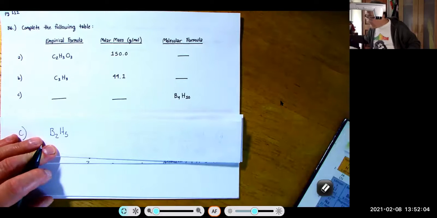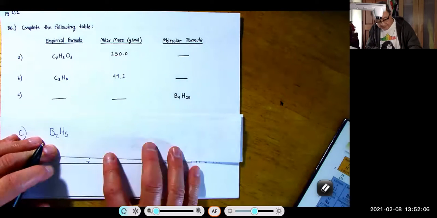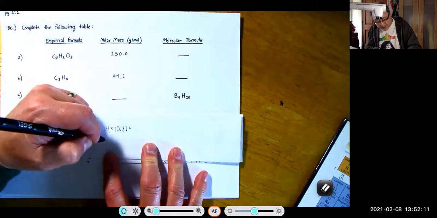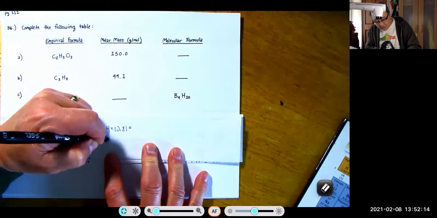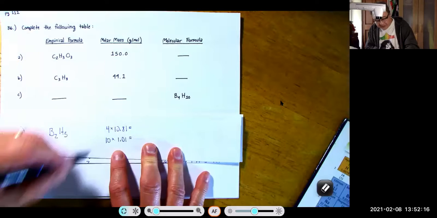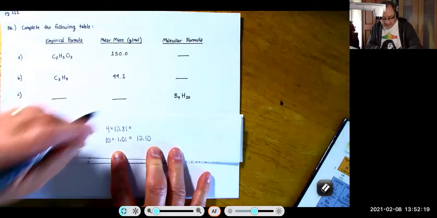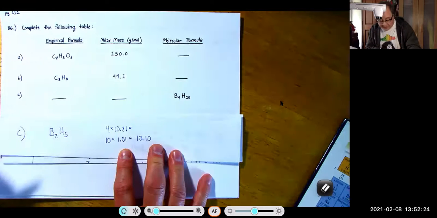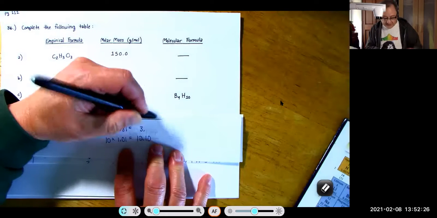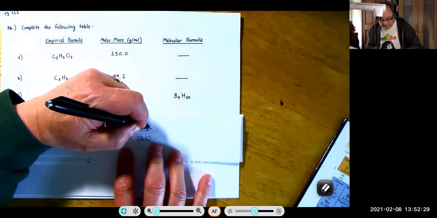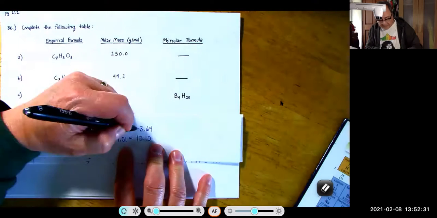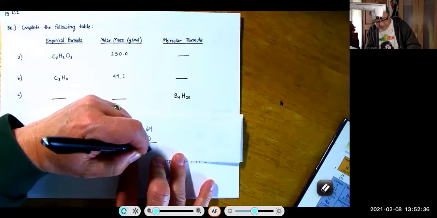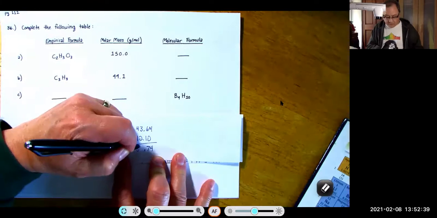Each boron is 10.81. Each hydrogen, of which there are 10, is 1.01. So this is 10.10. This is 4 times 0.81, which is what? 3.64. And then you have another 40 added on to that. So I believe you get 53.74.